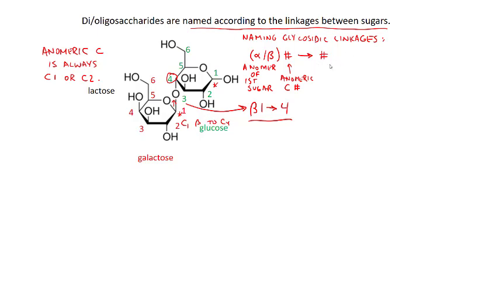Then you have an arrow, and then the other number is the number of the other carbon that you're connecting to. And if this one is an anomeric carbon, then you also have to put an alpha or a beta there as well. So overall, lactose could be considered galactose connected to glucose by a beta 1 to 4 glycosidic linkage.